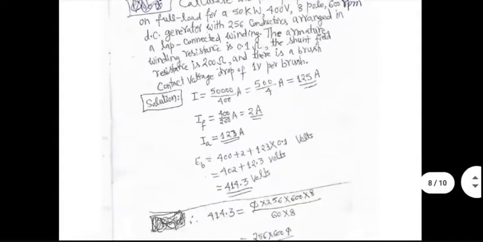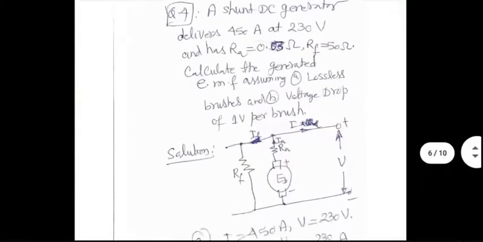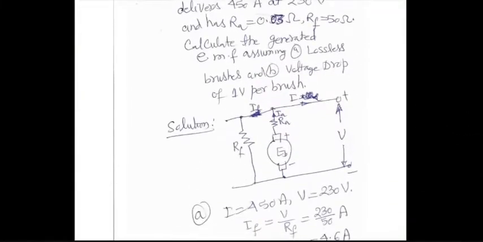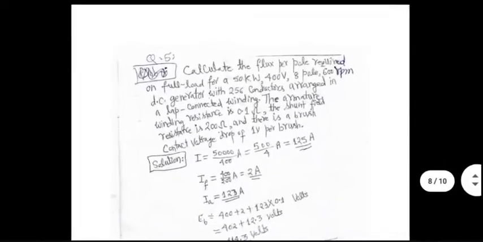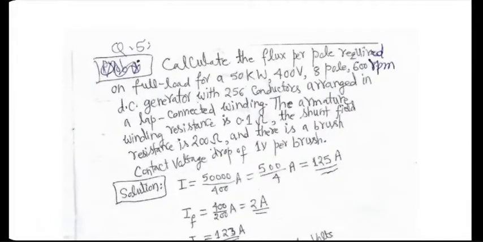I guess I have not drawn the equivalent circuit in this case, but it is exactly what we saw in the previous problem. This is the equivalent circuit. So first thing you do is calculate the total load current, which is 50,000 divided by 400 amperes, 125 amperes.